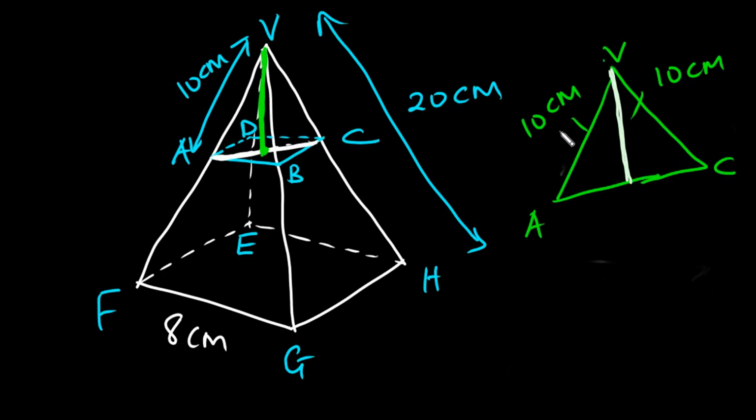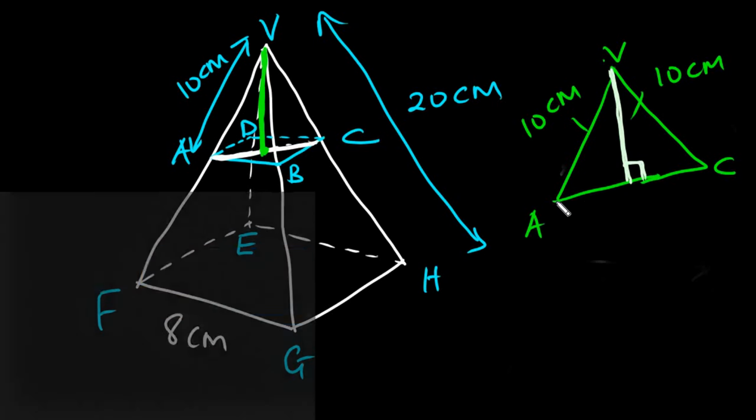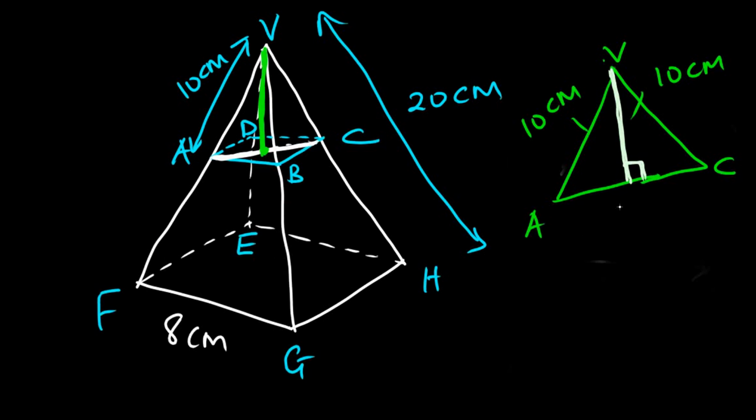Like these ones. And one thing about an isosceles triangle, if we bisect it this way, the angle that is formed here is 90 degrees. And then this line AC is divided into 2 equal parts.